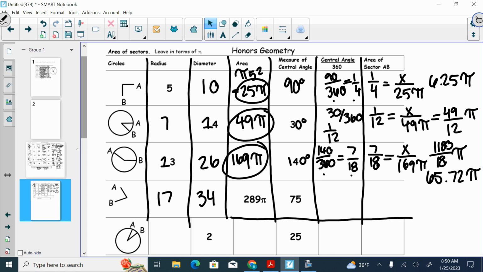Good. All right. Then my angle, 75 degrees, 75 over 360 simplifies to good. And then we just set up our ratio. So 5 over 24 is equal to x over that 289 pi.